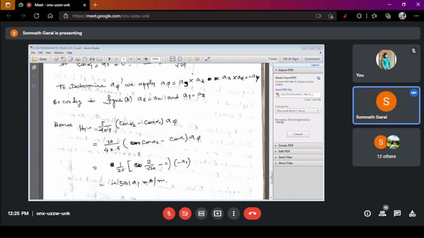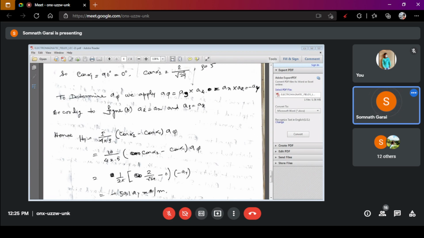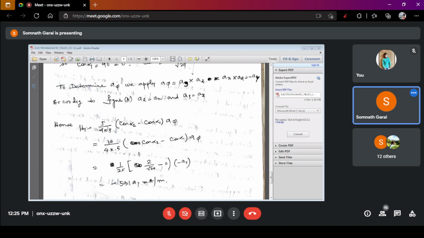The value of I is 10 ampere, rho is 5, cos alpha 2 is 2 by root 29, cos alpha 1 is 0, and a phi is minus ay.